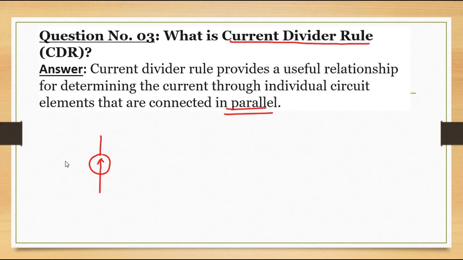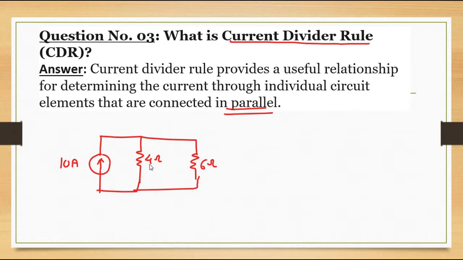Consider this is a 10 ampere source connected in parallel across two resistors of, consider, 4 ohm and 6 ohm. So what will be the current through this 4 ohm and this 6 ohm?